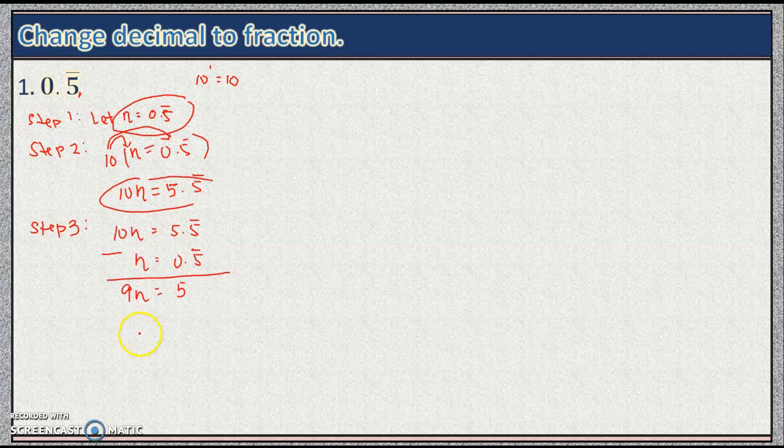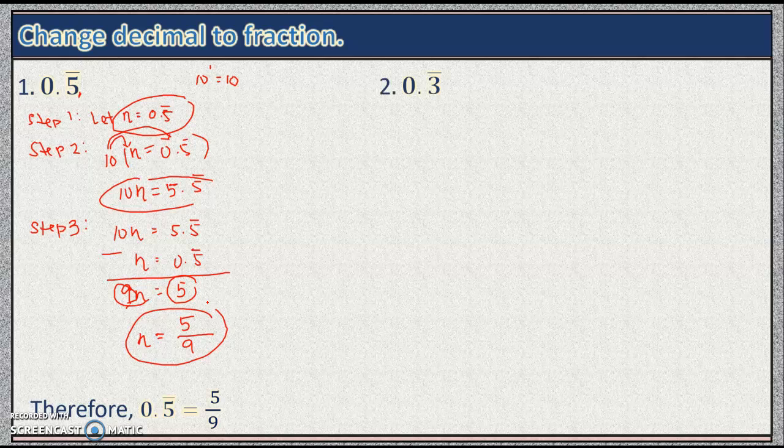So n is, multiply both sides by 1 over 9, 5 over 9. Therefore, 0.5 with bar above is 5 over 9.